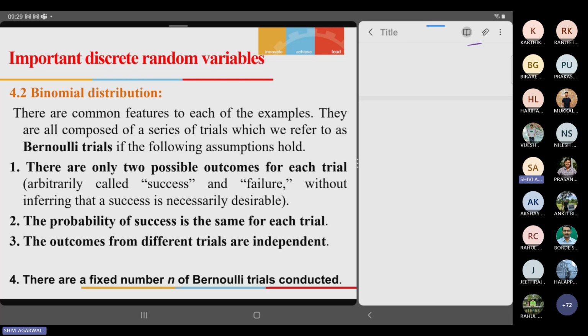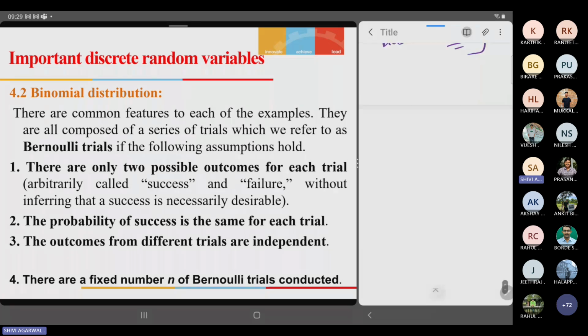Two outputs means tossing a coin, either head or tail. Attendance of the students, either attending or not attending. Rolling a die, even number or not even number. Either success or failure. That case we can say is a Bernoulli trial, and when we take this experiment, it follows the Bernoulli distribution.